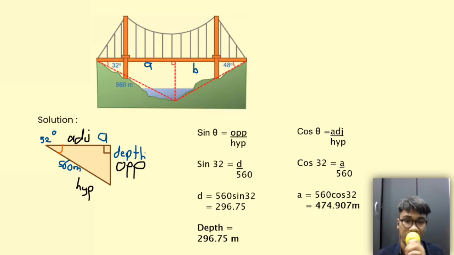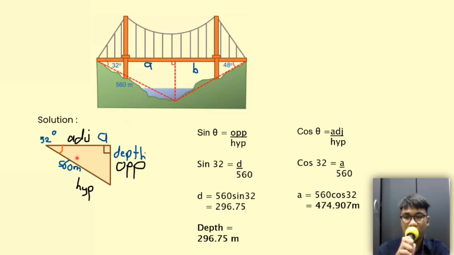length of a bridge. First of all, we are going to divide this triangle into two, and we are going to label it A and B. So first we are going to solve the first triangle, which is triangle A. So we bring out this triangle A, and we label it.